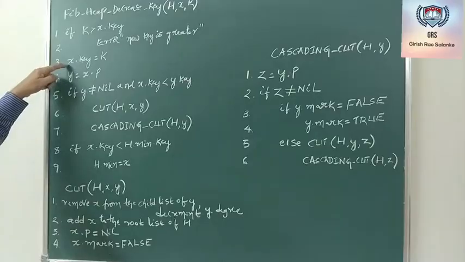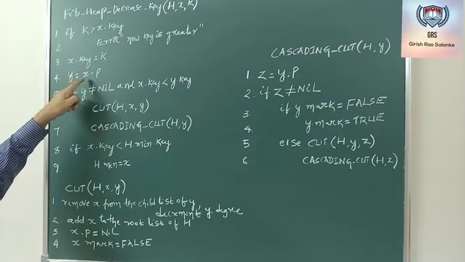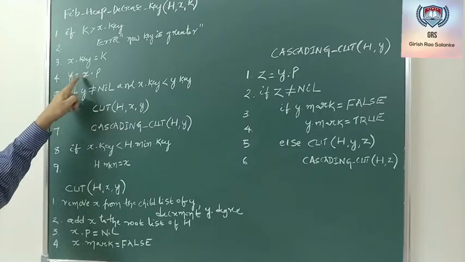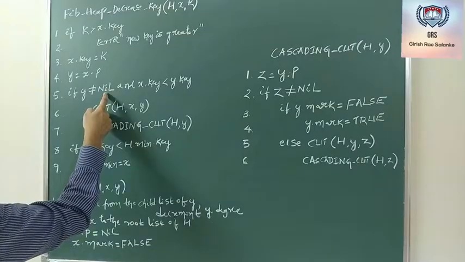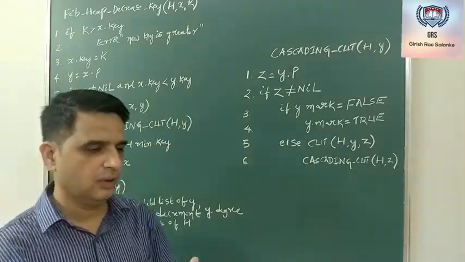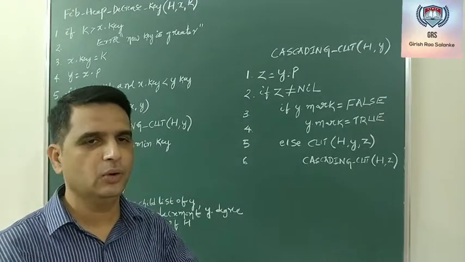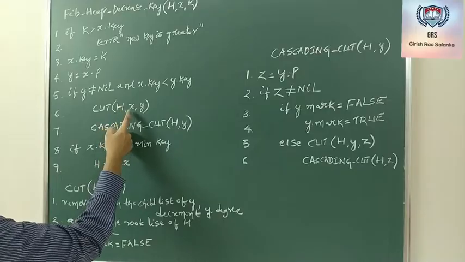If not, I am storing k in x dot key and I am calling the parent of x as y. Now what was the next step? If y is not equal to nil and x dot key is less than y dot key. If you know that the heap property is violated, I need to cut. So I am performing a cut of h comma x comma y.